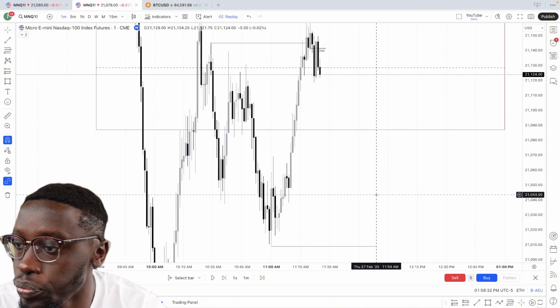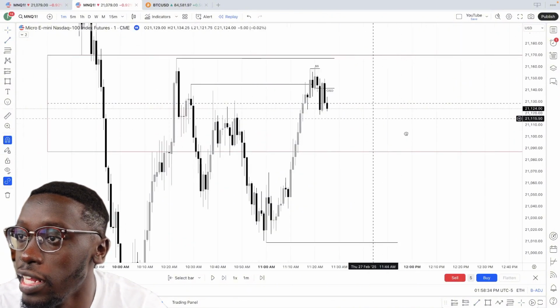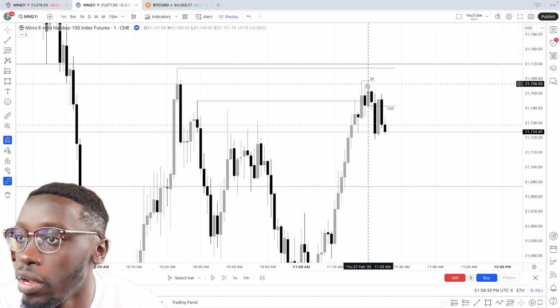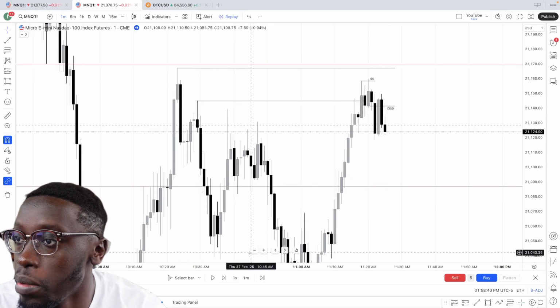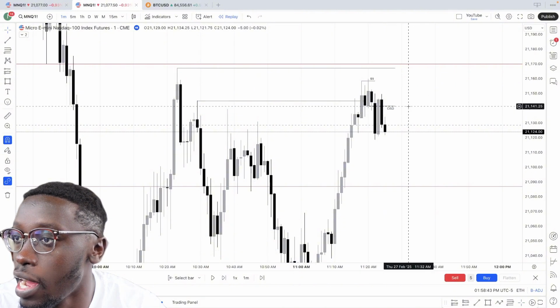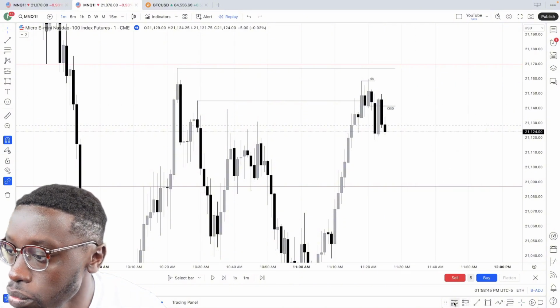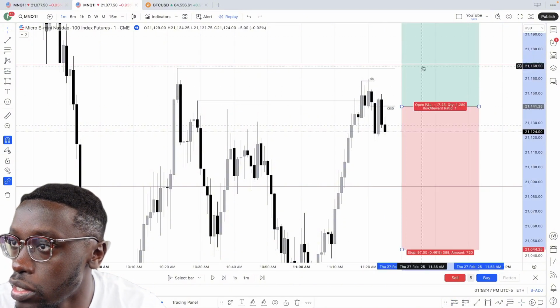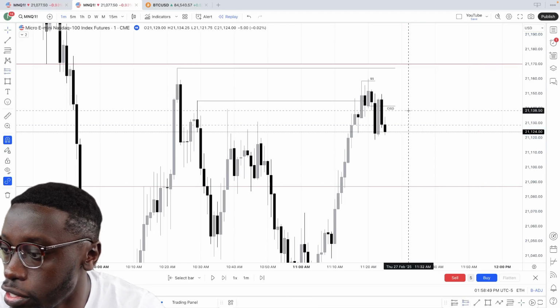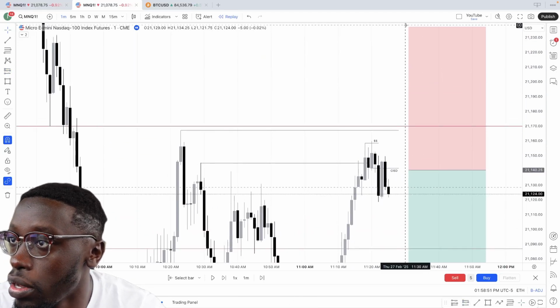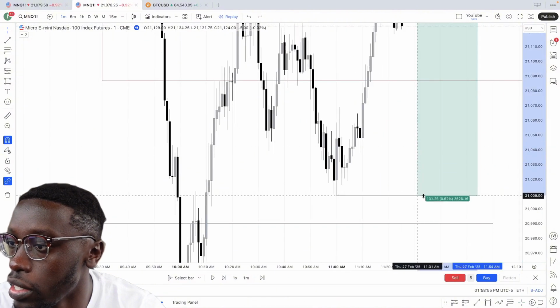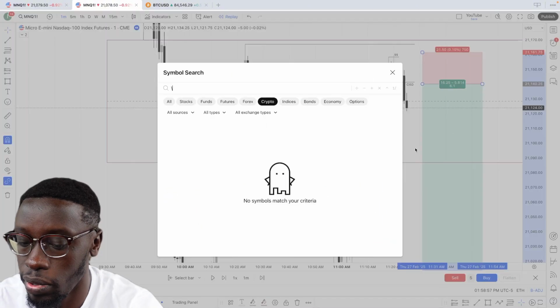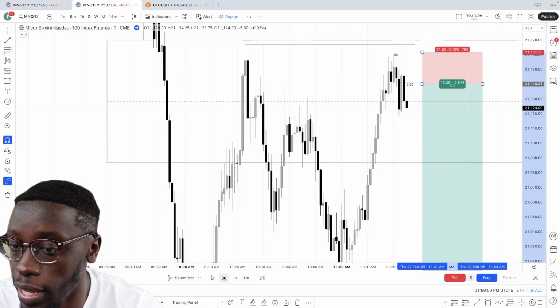We had this sell side liquidity resting inside a higher time frame array, a sweep of liquidity and a change of state of delivery. The market retested perfectly. This is a protected high. You could have entered here with your stop loss above this high, 20 points, targeting this high here for 130 points. That to me was the best trade.